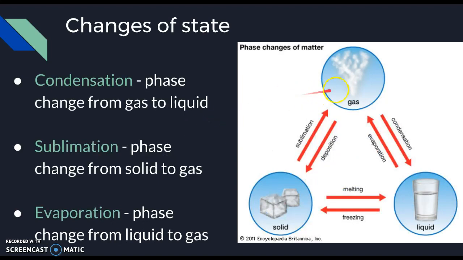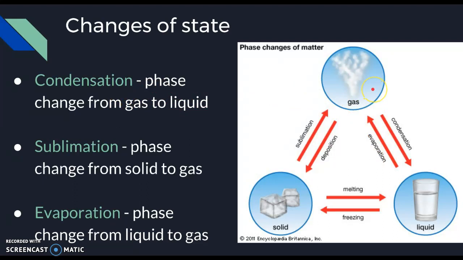Okay, so all of the matter, it can change from one phase to the next. It can change from a solid to a liquid to a gas, which you guys have seen. And so freezing and melting, don't need to go over those. Condensation, this is one that you have seen.